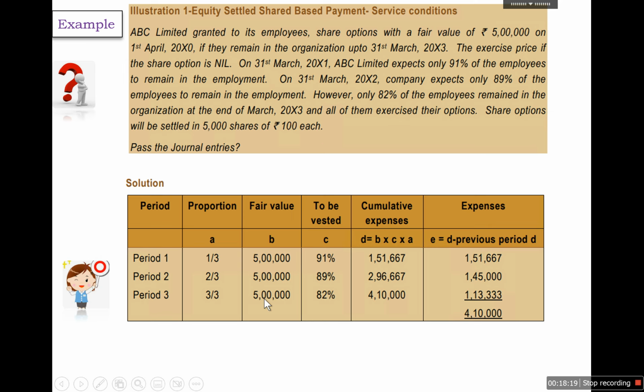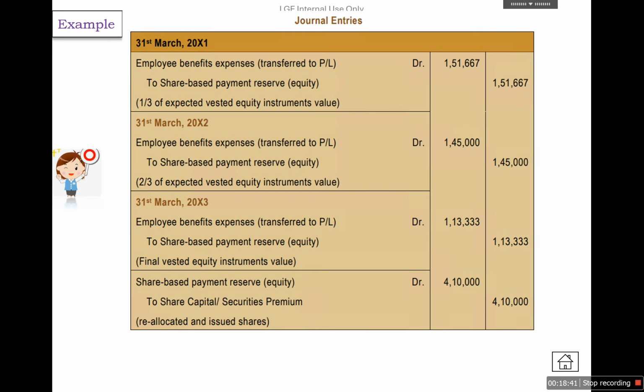And in the third year, 5 lakhs into 82%, the amount comes to 4,10,000. Out of this we will reduce the amount that we have already booked, so the remaining amount will be 1,13,333. So the total expense that we will book in 3 years will be 4,10,000. Let's look at the accounting entries.